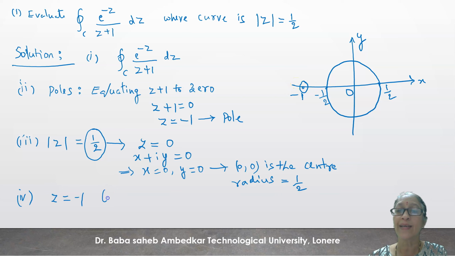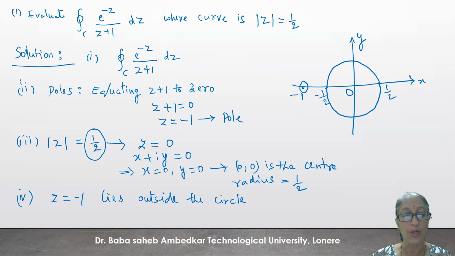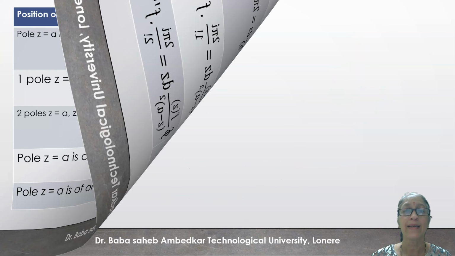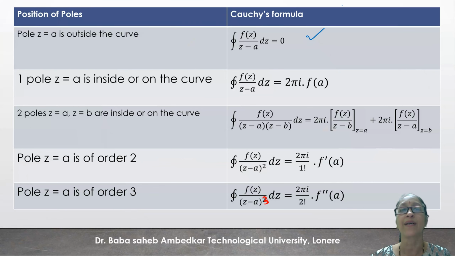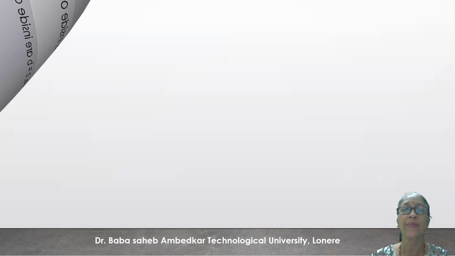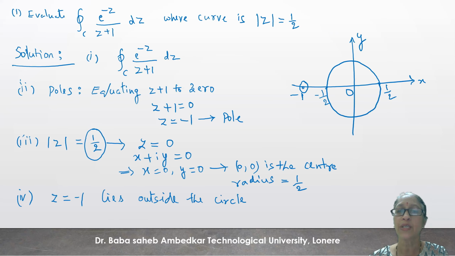So z equal to minus 1 lies outside the circle. If the pole lies outside the circle, then we have to use this formula: contour integral of f of z by z minus a dz equal to 0. Whatever that integral may be, it will be equal to 0.